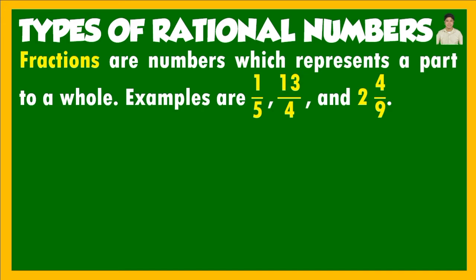So, proper fraction kapag yung value ng numerator is mas mababa dun sa value ng denominator. And then, kapag improper fraction naman, just like 13/4, mas mataas po yung value ng numerator kesa sa denominator. And then, mixed number is a combination of a whole number and a proper fraction.